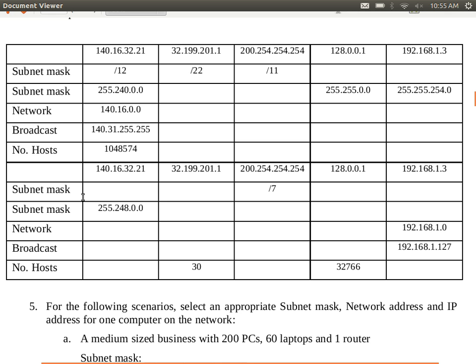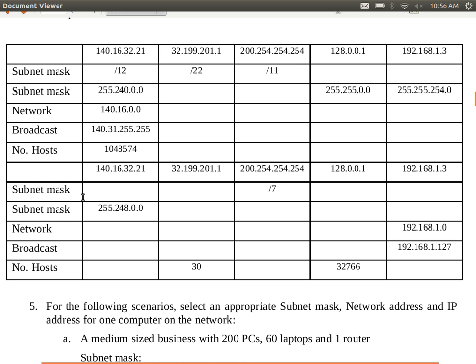The first 8 bits will be the same, therefore we get 140. Then we have 5 bits the same as before and the last 3 bits are 0, so we get 16 again. Then these 8 bits are all 0. So remember, in the network address these 19 bits are all 0, which gives 0, 0 in decimal.